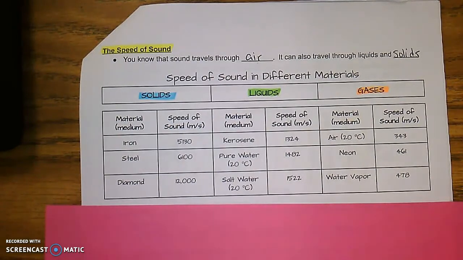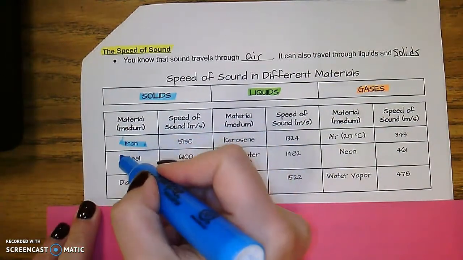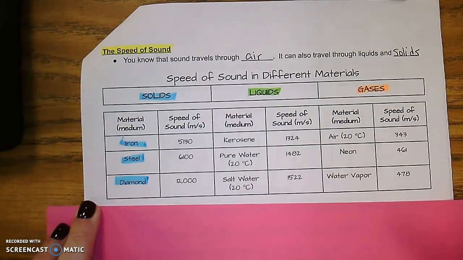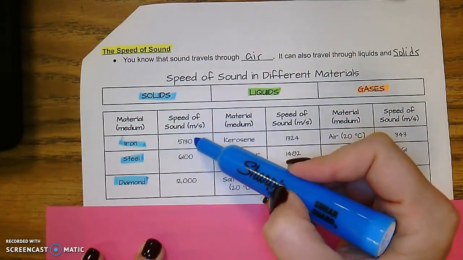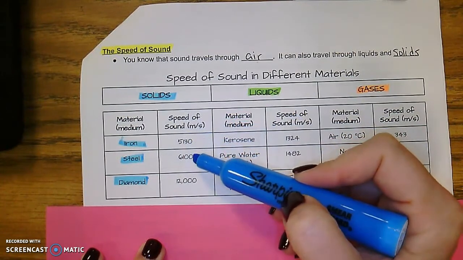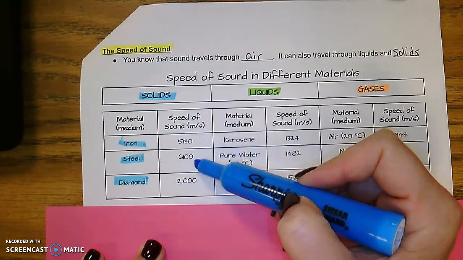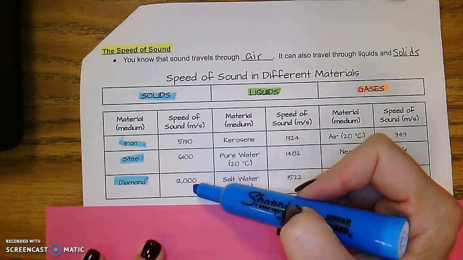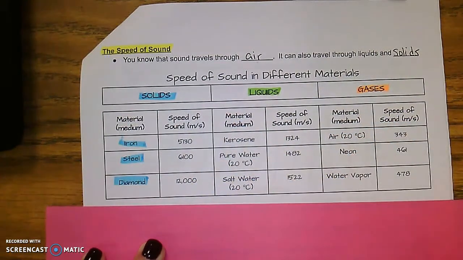And the solids that we have in this chart are iron, steel, and diamond. And the speed of sound in iron is 5,130. The speed of sound in steel is 6,100. And the speed of sound in diamond is 12,000, and those units are meters per second.